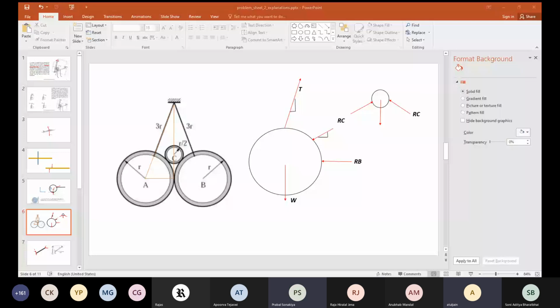Sir, can there be a condition that between A and B there is a little gap, and C stands right there? It doesn't drop to the ground.